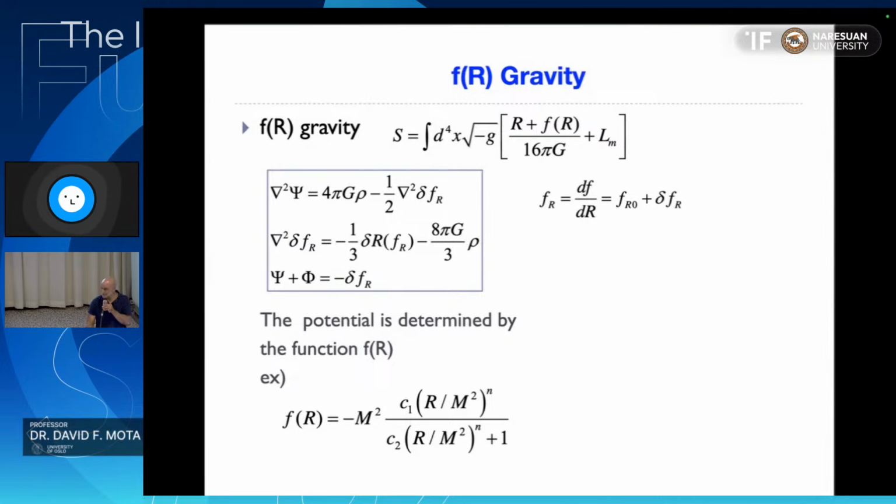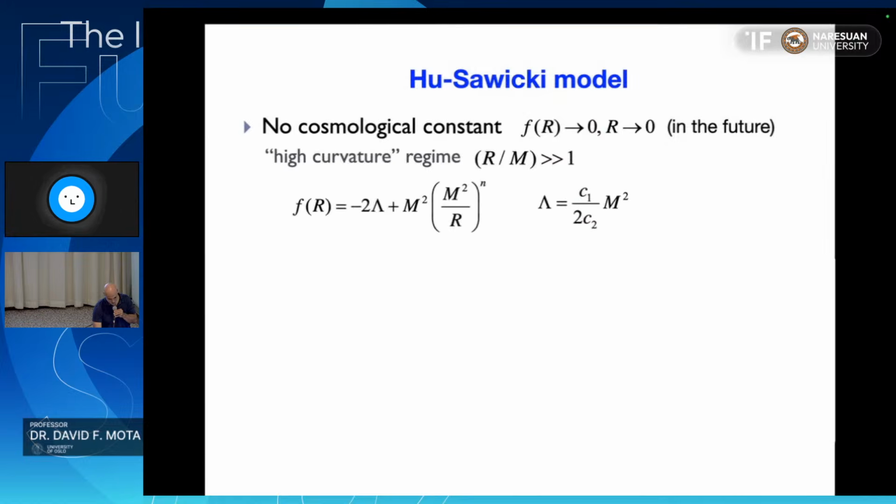If you don't want to come for dinner. So if you do r much larger than m, you can Taylor expand this function. And trust me, if you Taylor expand this function, you get a constant plus m squared over r to a power of n.